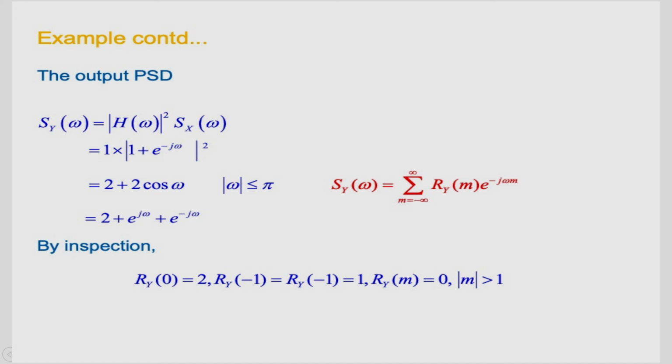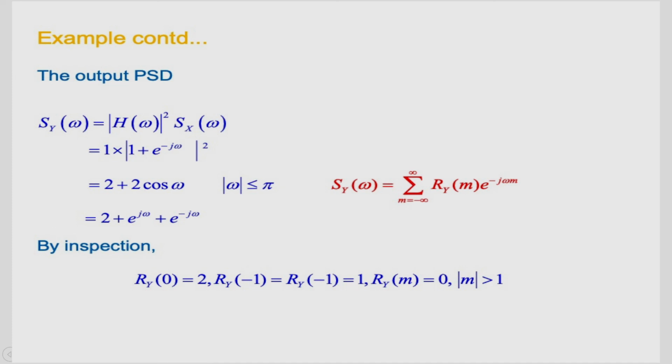So it is mod of 1 plus e to the power minus j omega squared, and if we expand it, we get 2 plus 2 cos omega, for mod of omega less than or equal to pi, because the DTFT is uniquely defined in a period from minus pi to pi.